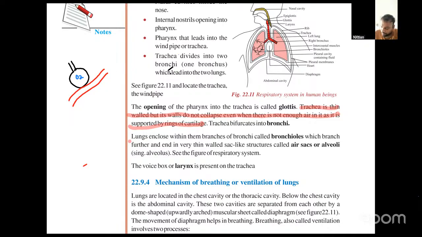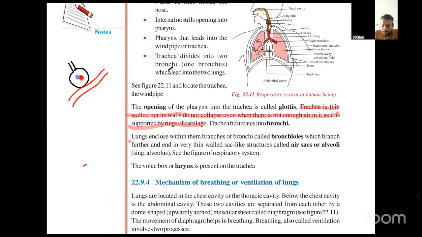Okay, so basically diffusion makes the movement from high concentration to low concentration. When you inhale, there is a lot of oxygen in the alveoli, and the pulmonary artery, which brings deoxygenated blood, has less oxygen.